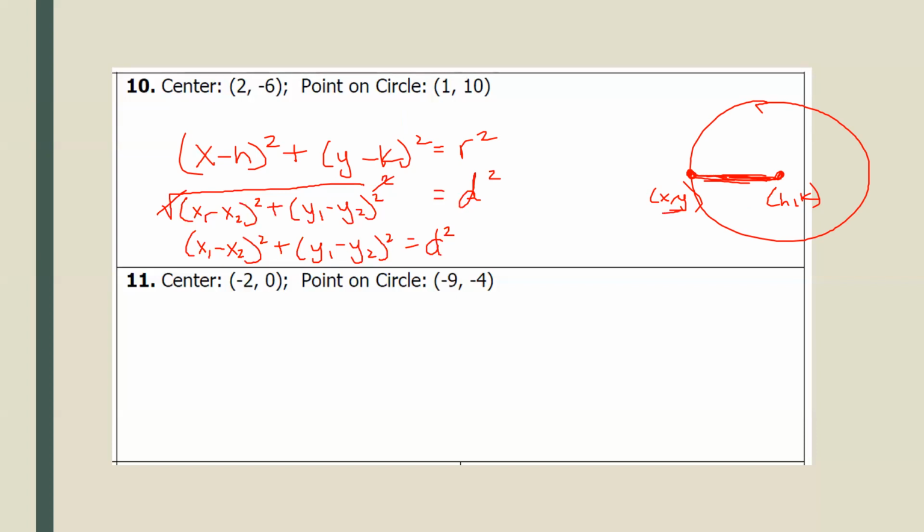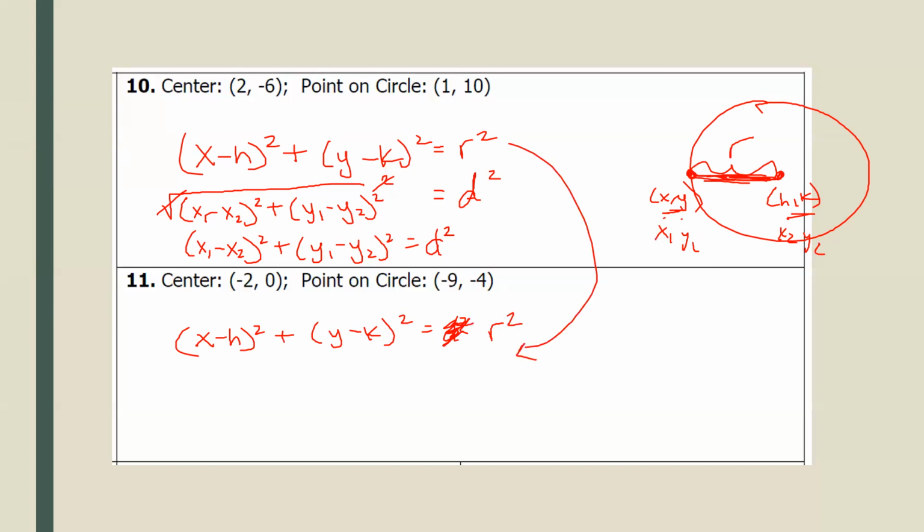Well, the point is (x, y) and the center is (h, k). So what if I made this x1, y1 and this x2, y2? So now I have (x minus h) squared plus (y minus k) squared equals the distance squared. But what was this distance again? Oh wait, that was the radius of the circle. Ta-da! There's your equation of a circle.